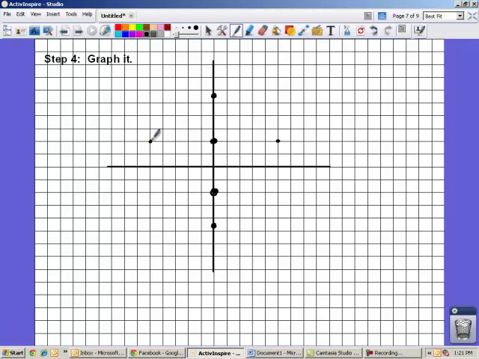We're going to form our box. And then we're going to go down 2 over 5, down 2 over 5. And what you can do now is draw in the box.